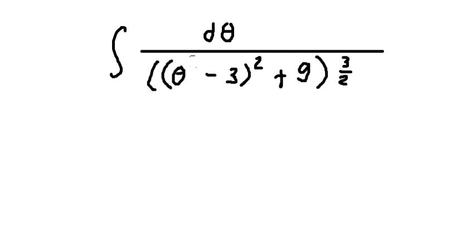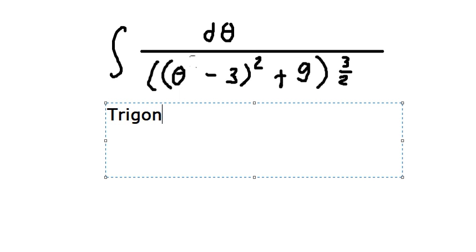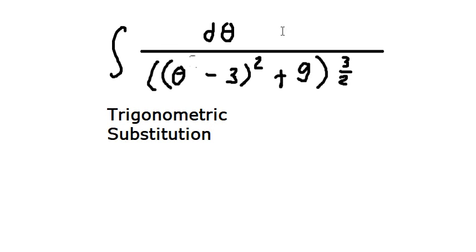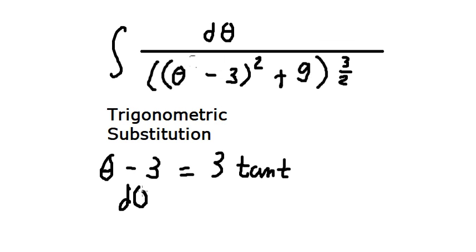So we need to use trigonometric substitution. We put theta minus 3 equal to 3 tan t, d theta equal to 3 secant of t squared dt.